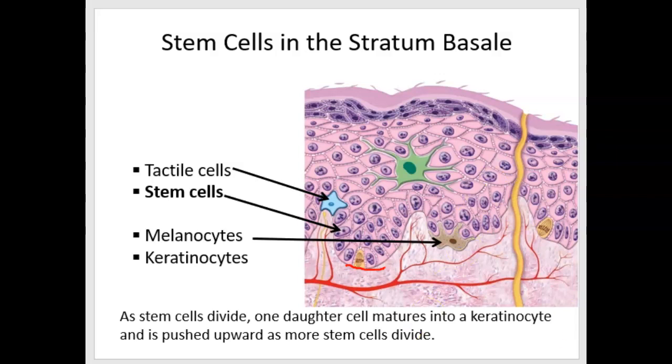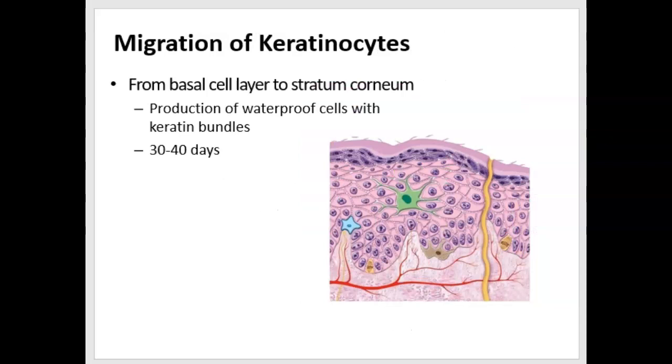So this is called migration of keratinocytes. They go from the basal layer to the stratum spinosum layer to the stratum granulosum. If the lucidum exists, they will go through there, and then the stratum corneum.